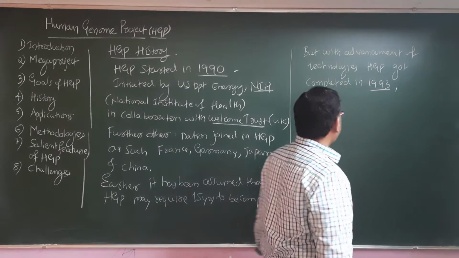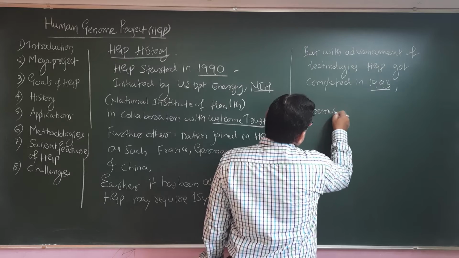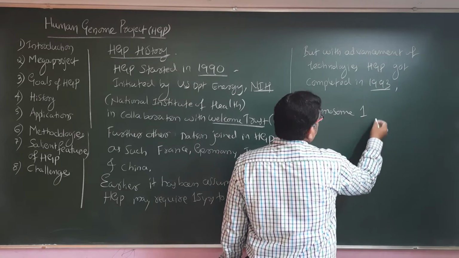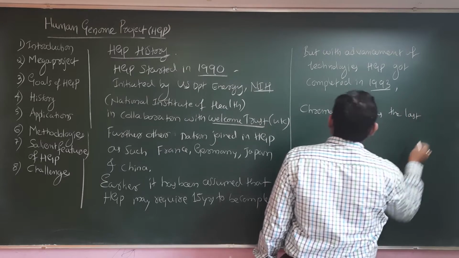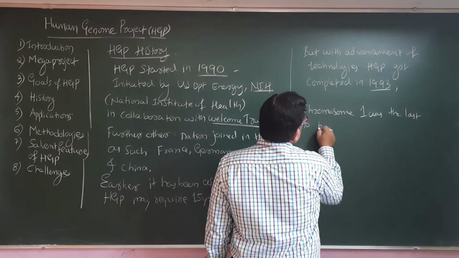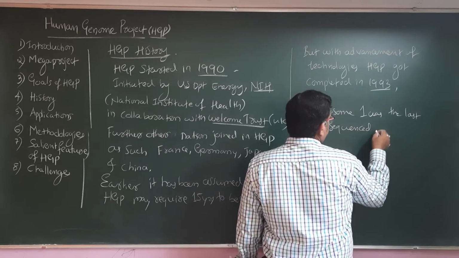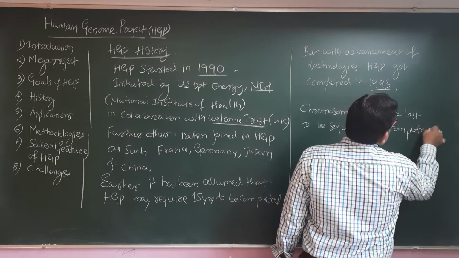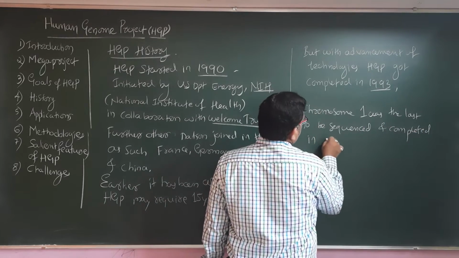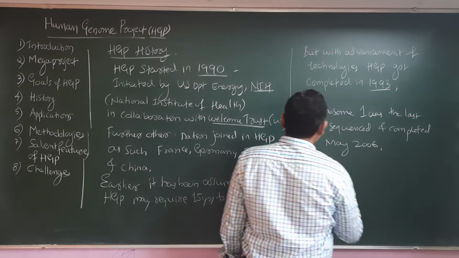Being a large chromosome, chromosome 1 was the last to be sequenced, and completed in May 2006.